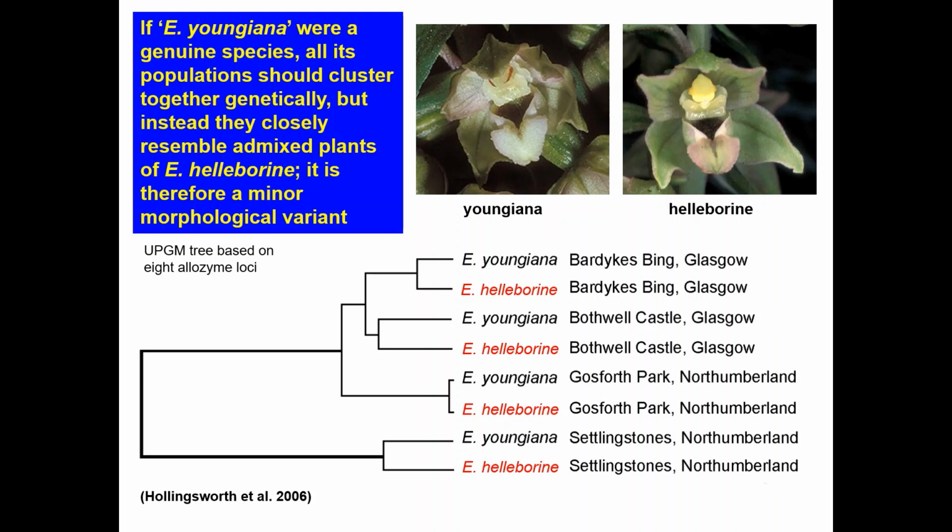And what's more, they're genetically very similar, or in the case of the Gosforth Park plants, identical. What this is telling us is that these are single populations of single species. What was being described as youngiana is just a minor morphological variant of the widespread Epipactis helleborine.